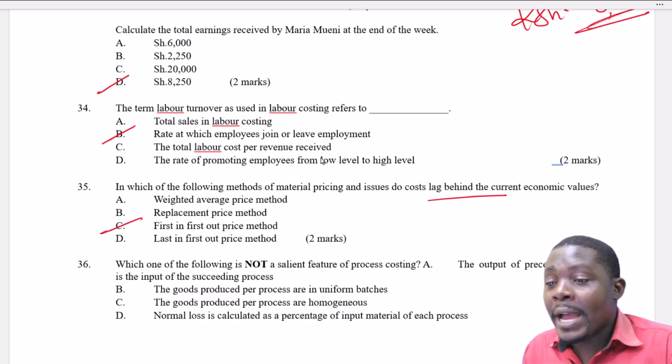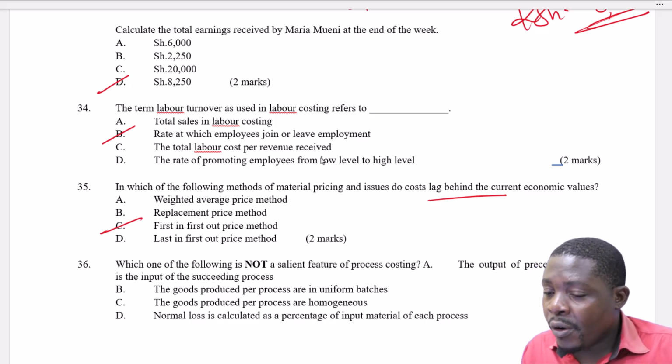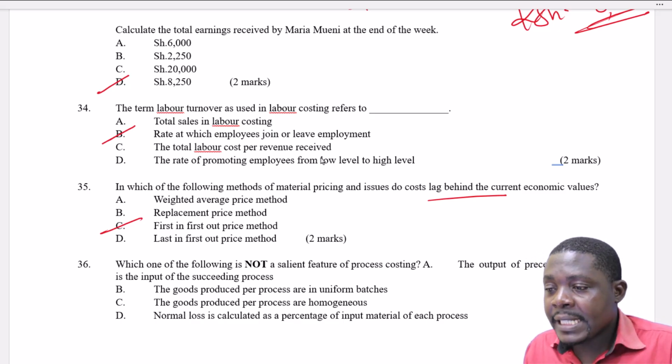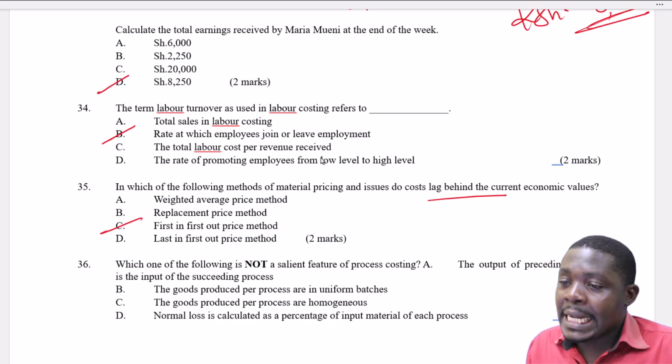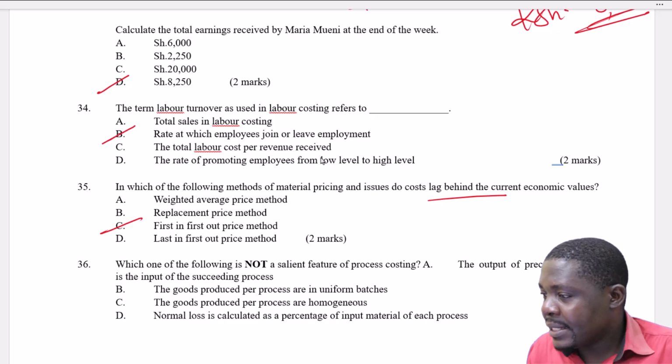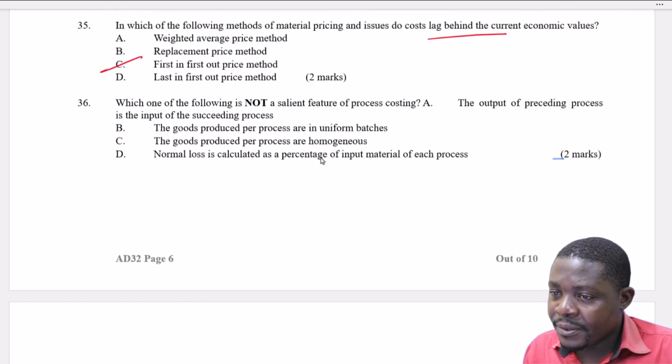If you acquired it on the 1st of August at 10 shillings, and then at the end of August the price has changed to 40 shillings, you'll just have to issue them at 10 shillings. That's now the cost is lagging behind the economic values.